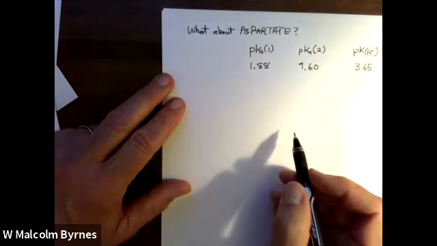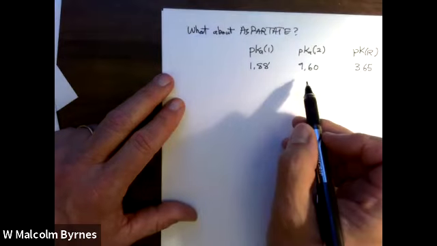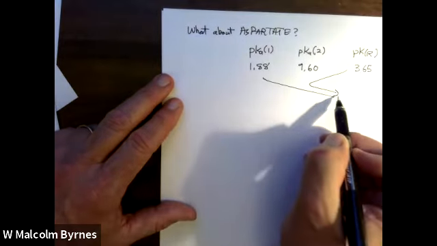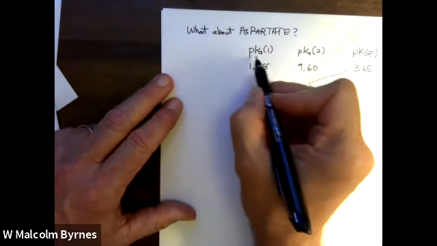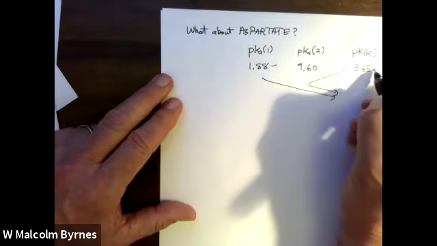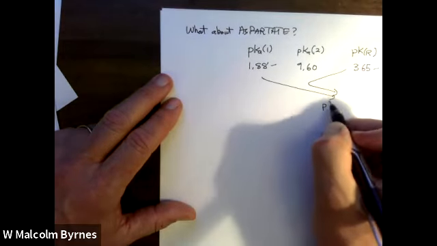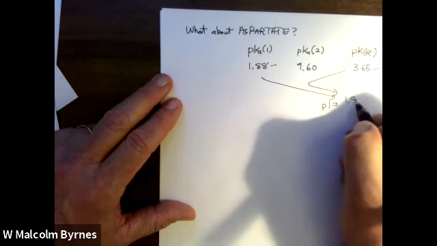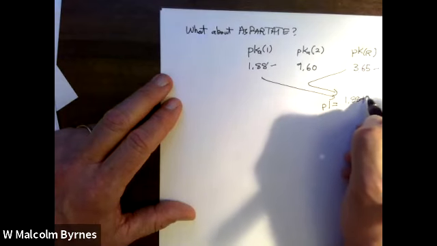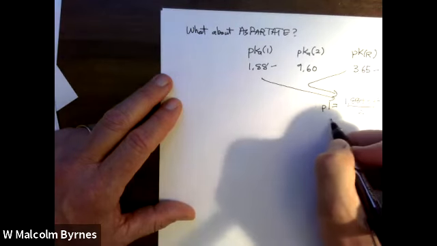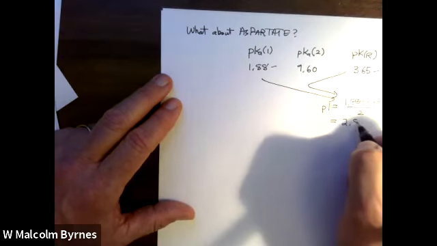And I'm going to tell you right off the bat that to calculate the PI, you would use the pK1 value and the pKr value. And so the PI is equal to 1.88 plus 3.65 divided by 2, or in other words, 2.8.